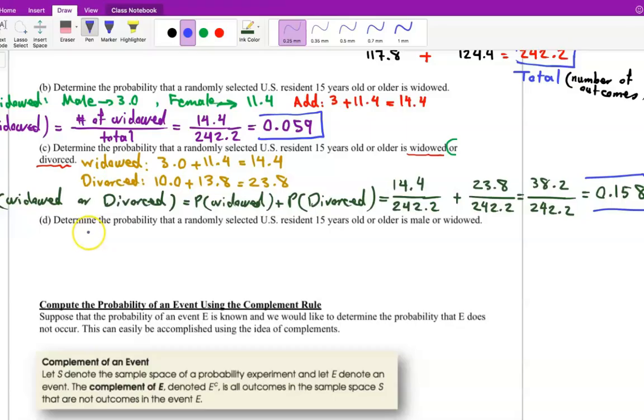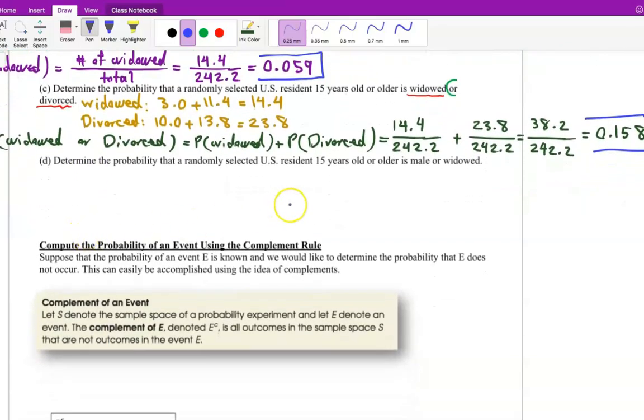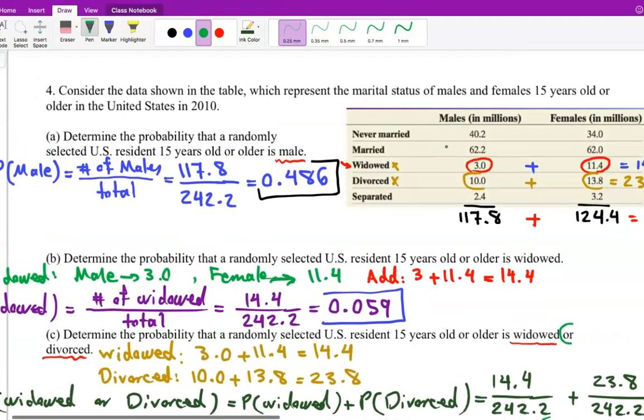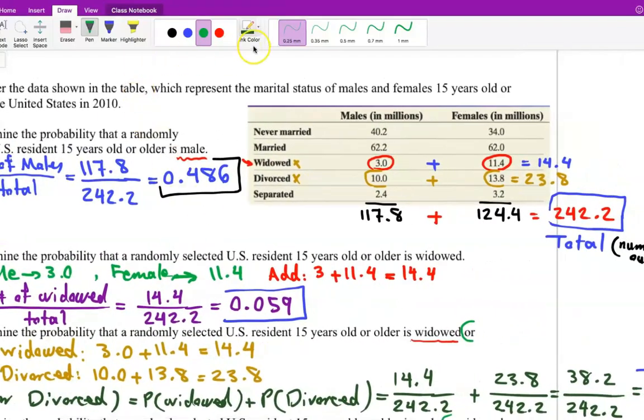Now part D, determine the probability that a randomly selected person is male or female. So obviously we have intersection between these two. Okay, so here is widowed and here is male.